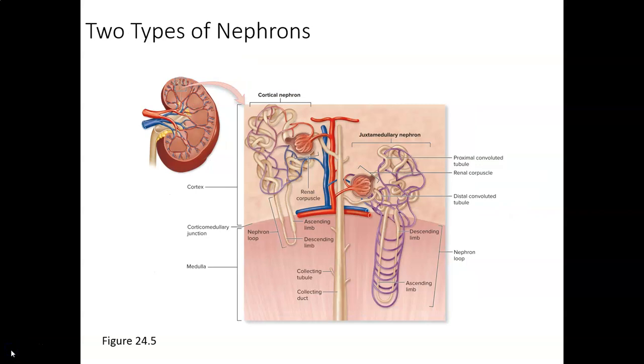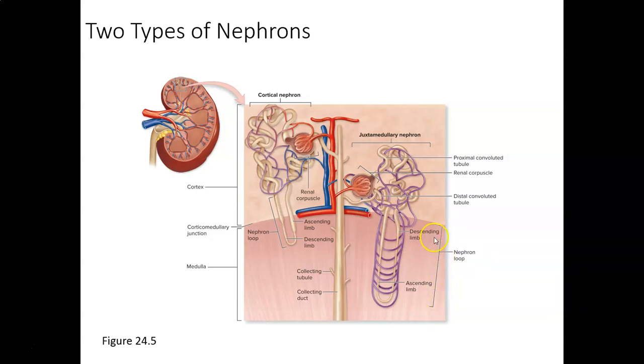So there are two types of nephrons in the kidney. One is called the cortical nephron, because the supermajority of the nephron is in the cortex. Only a small part of the nephron loop is in the medulla, versus the other type of nephron, which has the majority going deep into the medulla.